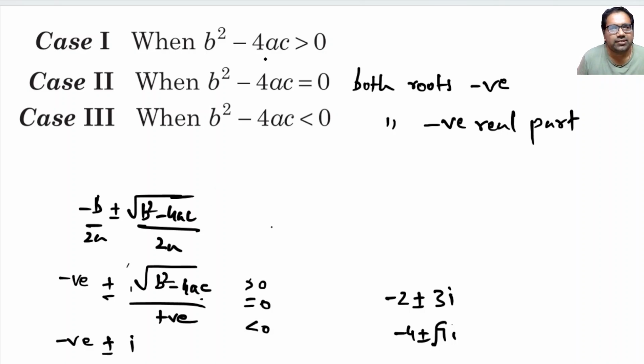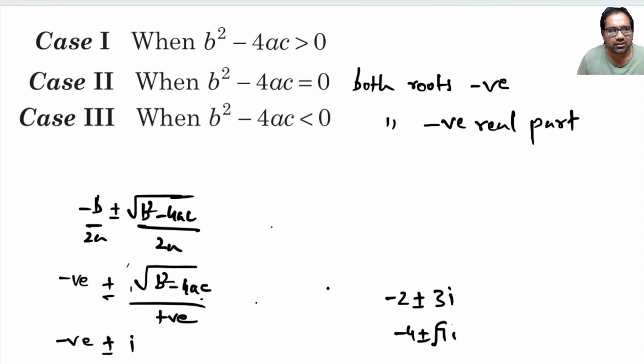Now b square minus 4ac is greater than 0. Okay, if b square minus 4ac is greater than 0, then we'll get one root as negative plus positive and the other as negative minus positive, right?